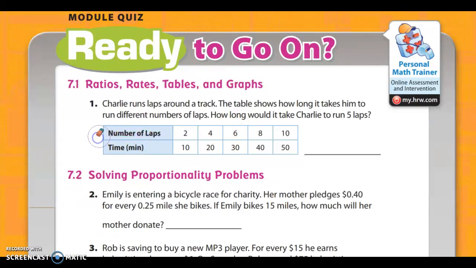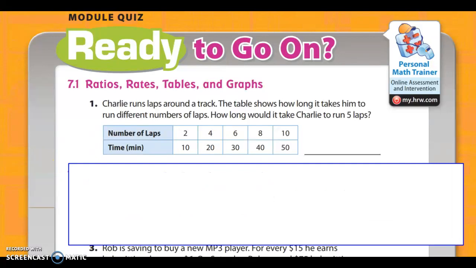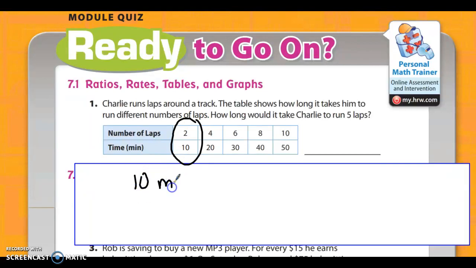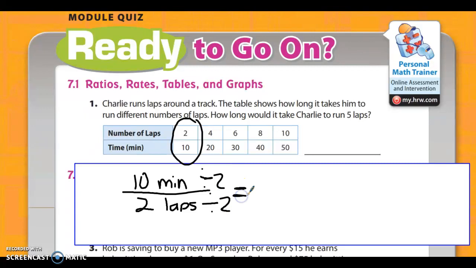So let me show you several different ways that you could interpret this question. One thing you could do is take the information given to you right here and write 10 minutes for 2 laps, and we could simplify that to what's called a unit rate. 10 minutes divided by 2 laps would be 5 minutes for 1 lap.